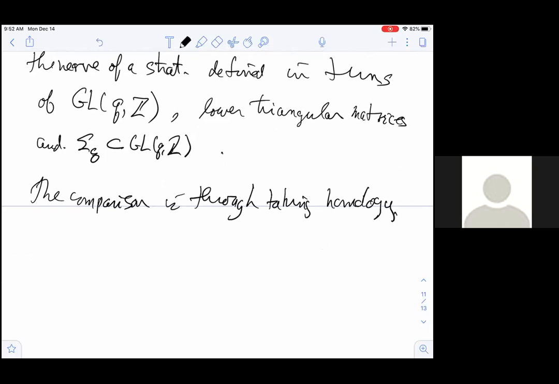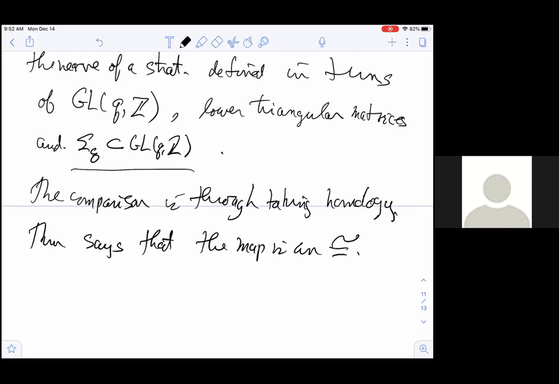So this group is acting on both the index I and index I plus 1 homologies. The comparison between this geometric stratification and this algebraic stratification is through taking homology. And the theorem will say that the map is an isomorphism, at least when the dimension is at least 7, and it's slightly weaker for 6, but good enough.